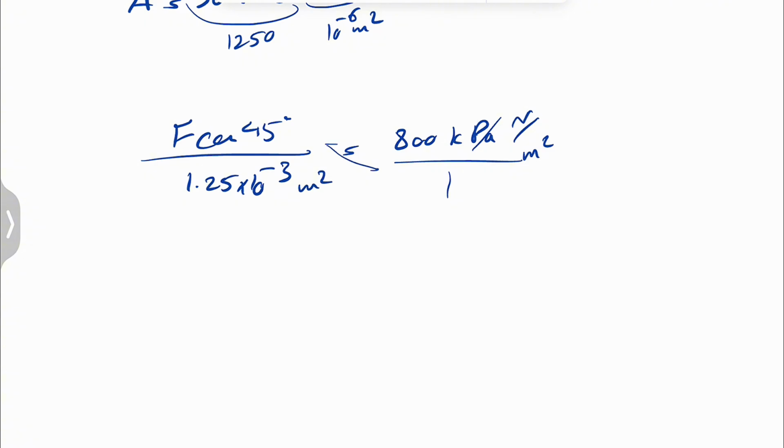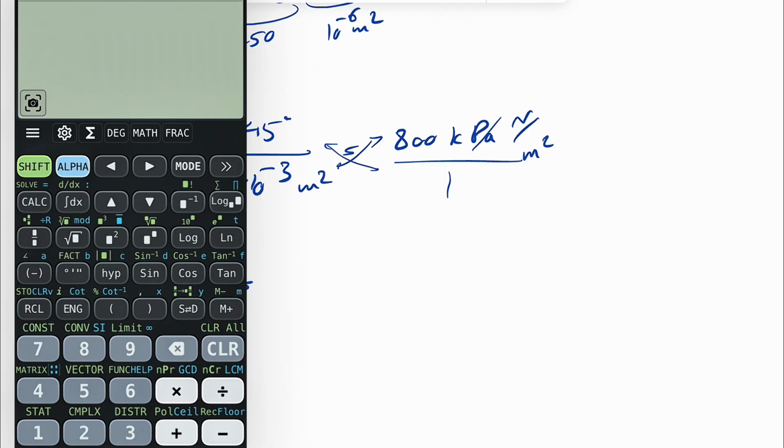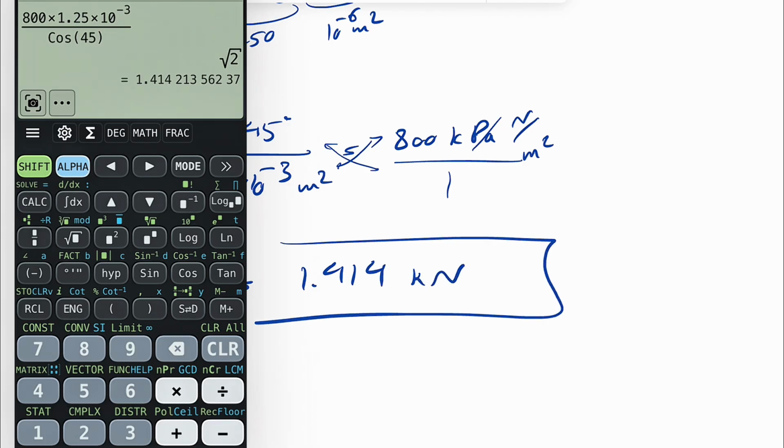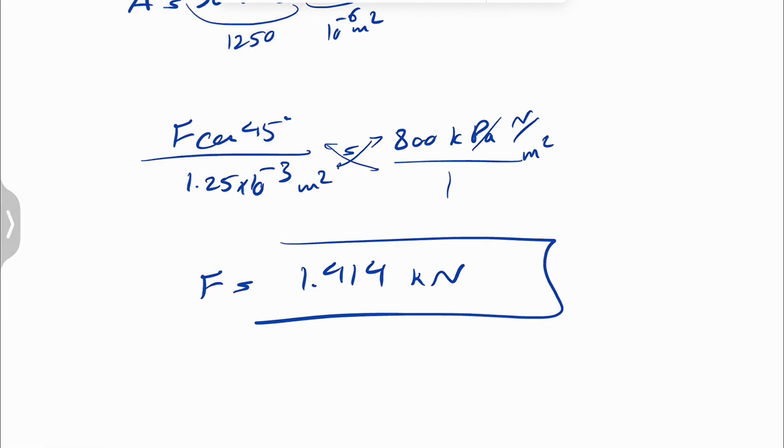So all we need to do is cross multiply, so F will be the ratio of 800 times 1.25 times 10 to the minus 3 over cosine of 45, and that gives F equal to 1.414 kilonewtons, the final answer for this question.